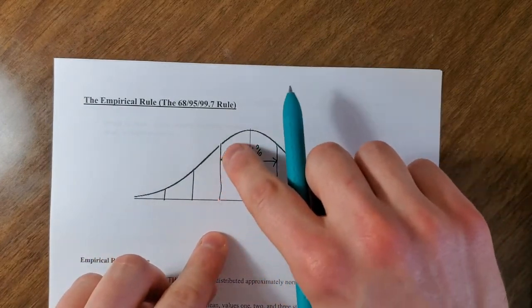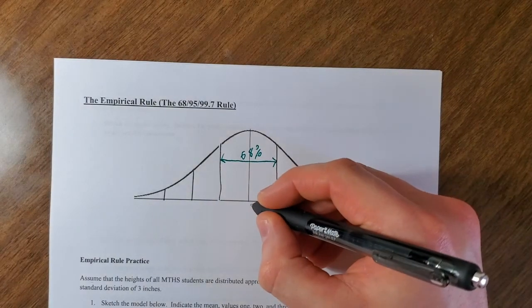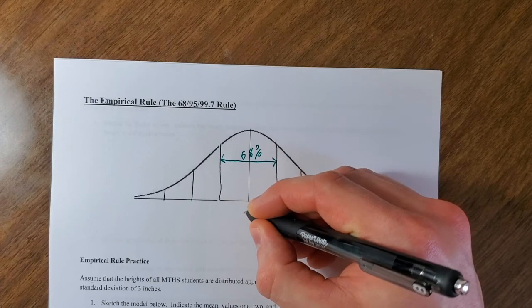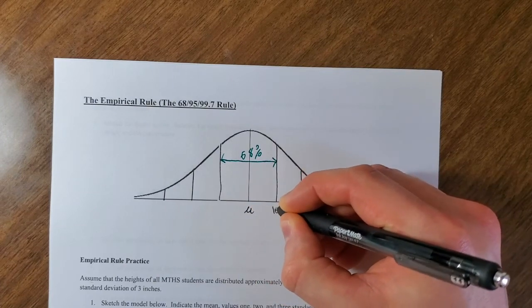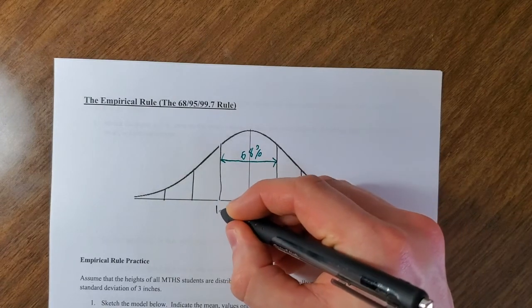So in that first group here, 68% of all of our observations are going to lie somewhere within 1 standard deviation away from our mean. And I should label these. Let's say that's our mean, 1 standard deviation, 2 standard deviations, 3 standard deviations, and then same thing on the left-hand side.